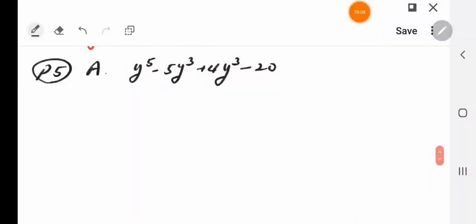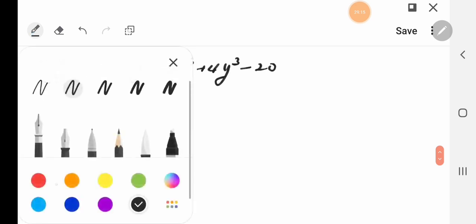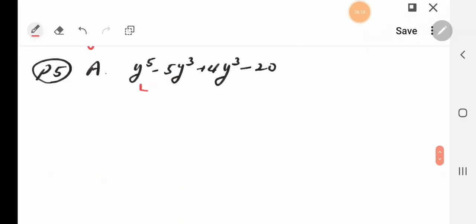Okay, from this problem number 5a, there's no common factor and there are 4 terms. So why don't we try factor by grouping? So put the first 2 terms as one group, and the last 2 terms as the other group. From the first group, the common factor is y cubed. The greatest common factor of the second group is 4.